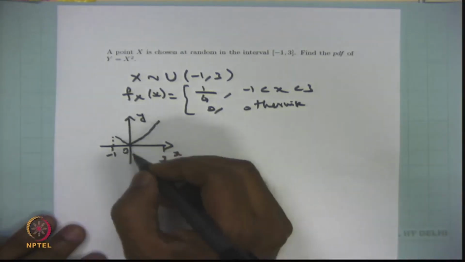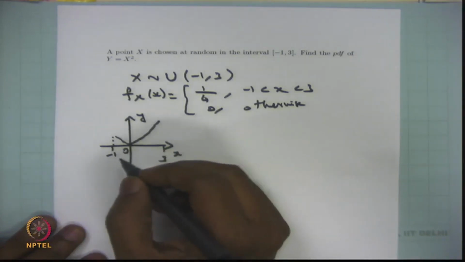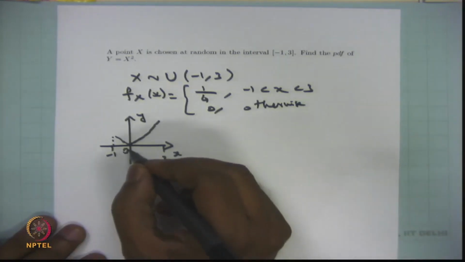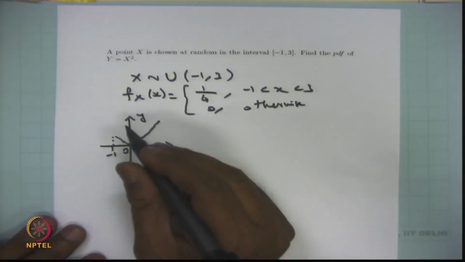By seeing the diagram you can make out y is equal to x square, where x takes the value from -1 to 3. Therefore, y is going to take the value from 0 to 9.